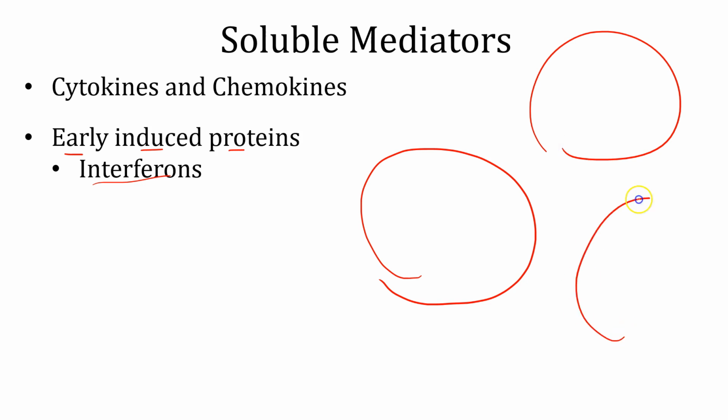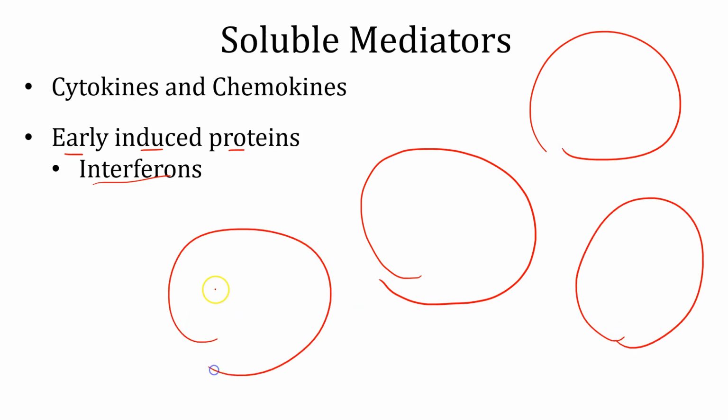So let's imagine we're in some tissue of the body, and here's the infected cell right here. Well, when the cell is infected, this is called an early induced protein, because before the virus has had a chance to hijack the cell and start cranking out new virus, the infected cell sends out a messenger to other nearby cells. The class of molecules that are released here would be the interferons.